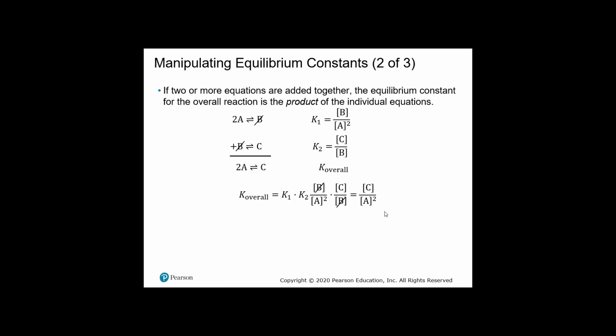If 2 or more equations are added together, and you need to know a numerical value for an equilibrium constant, you could use other equilibrium reactions to determine it. So if two or more equations are added together, the equilibrium constant for the overall reaction is the product of the individual equations.